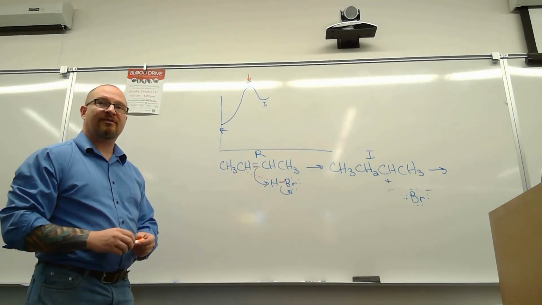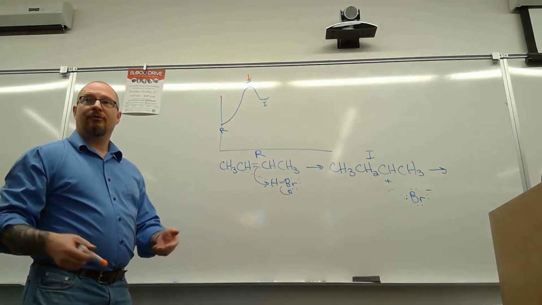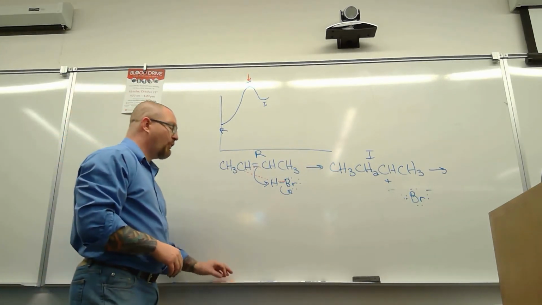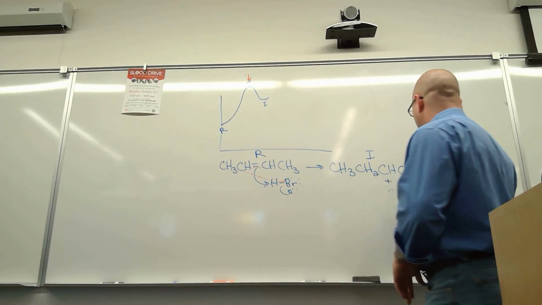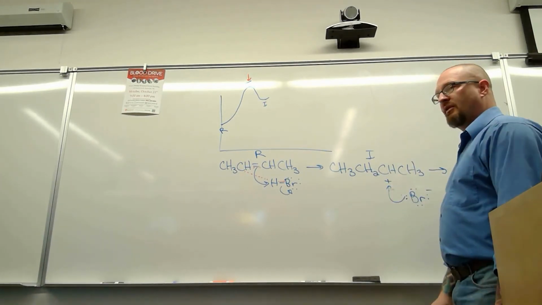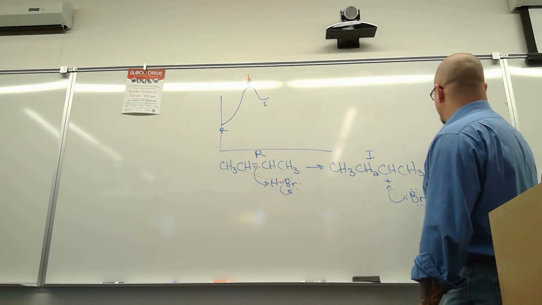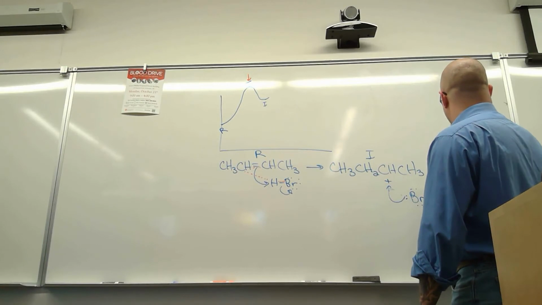It's not what you would consider stable, but it's stable enough where we can isolate it under really cold conditions. Or we can capture it with a competing product. And in this case, we have our second reaction, which I usually just do with arrow pushing. And this gives us our product.